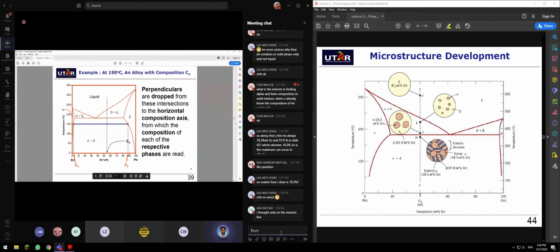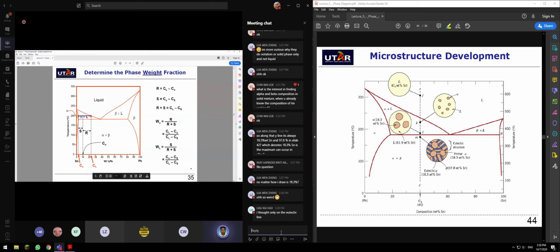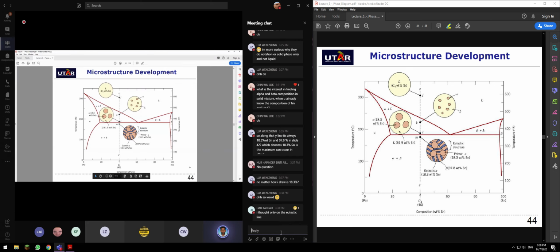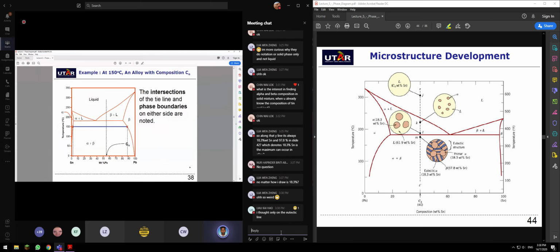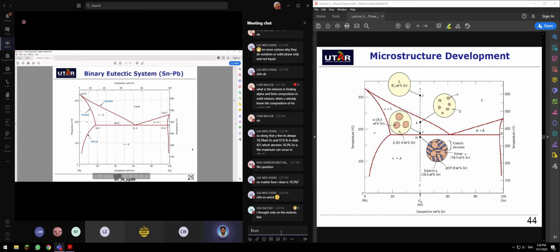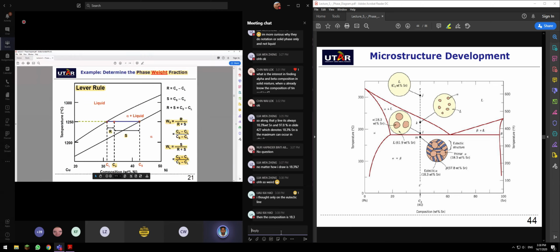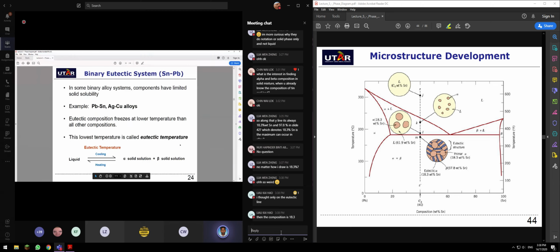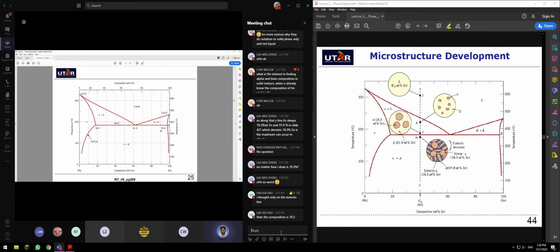So this is the line. Yeah, this is the property. Okay, we call that a binary eutectic system, eutectic temperature. You are referring to the eutectic temperature. So this is always fixed, 18.3 and 97.8.